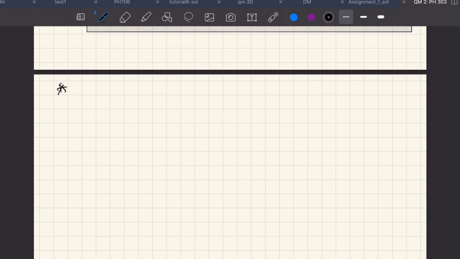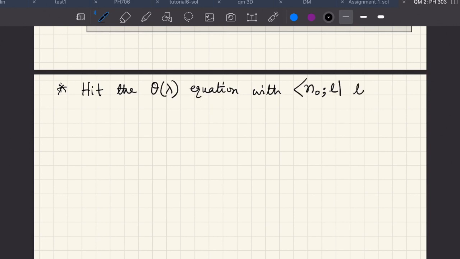So the first thing is that you have to hit the order lambda equation with bra n0l to understand that the H1 perturbation must be diagonal.